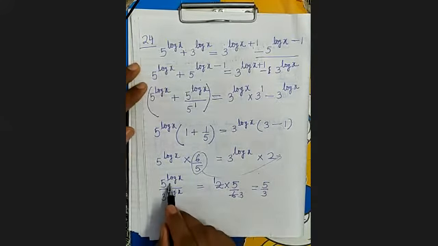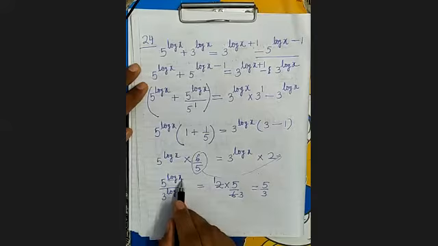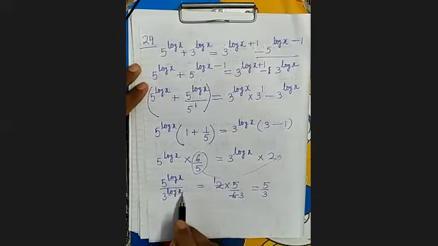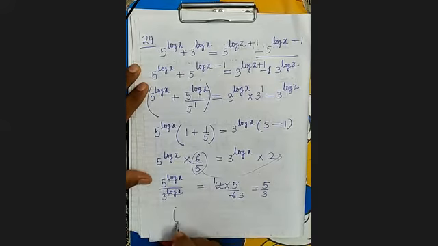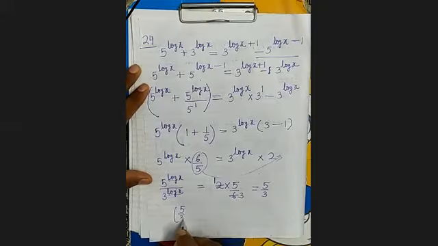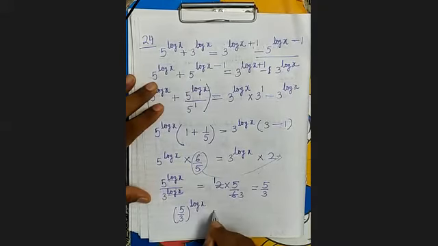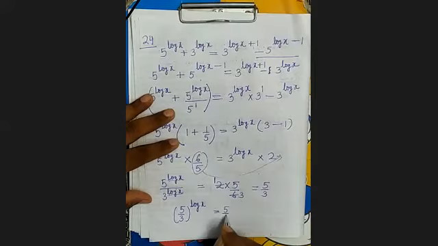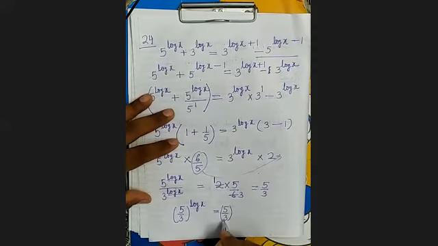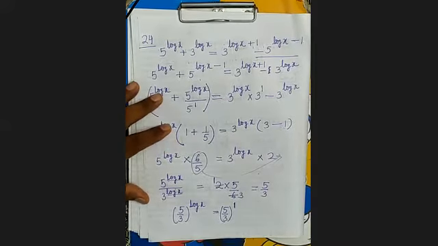Now this you can see here. Here also power is log x. Here also power is log x. What can you write? 5 upon 3 power log x equals 5 upon 3. There is no power means power is 1.